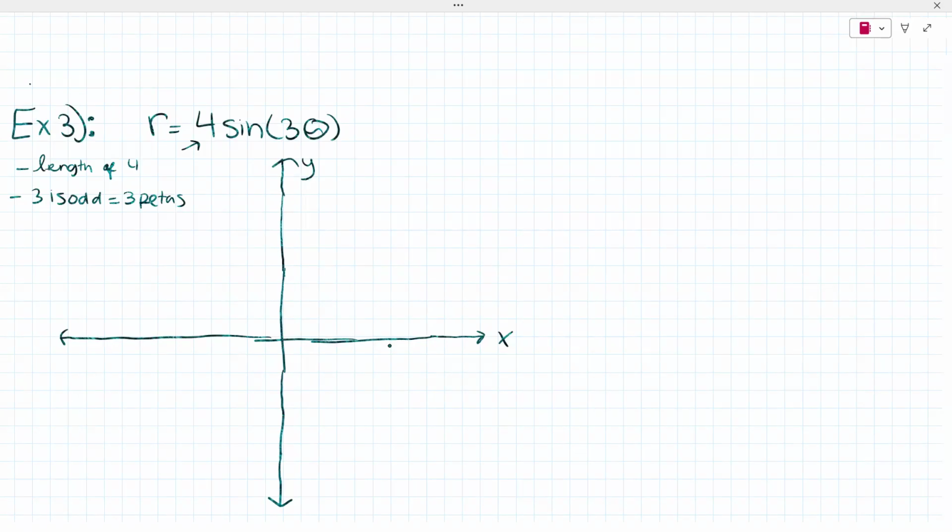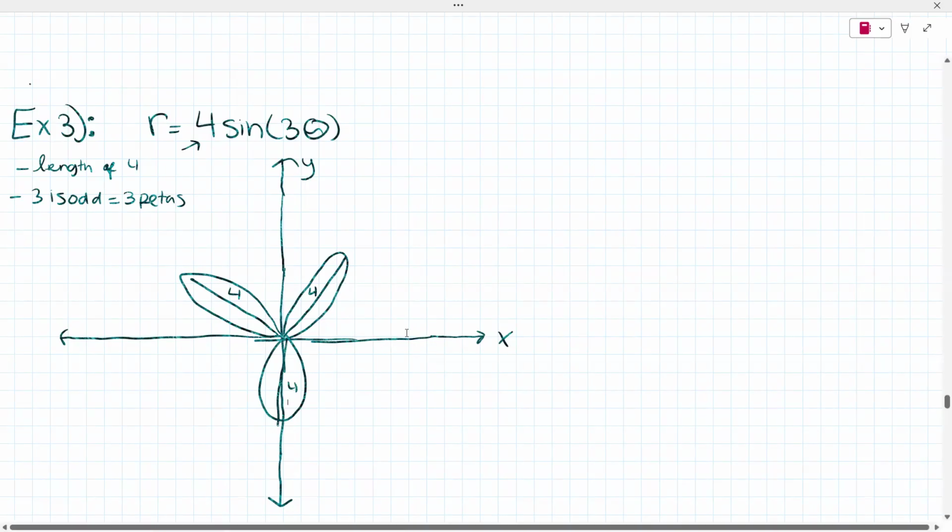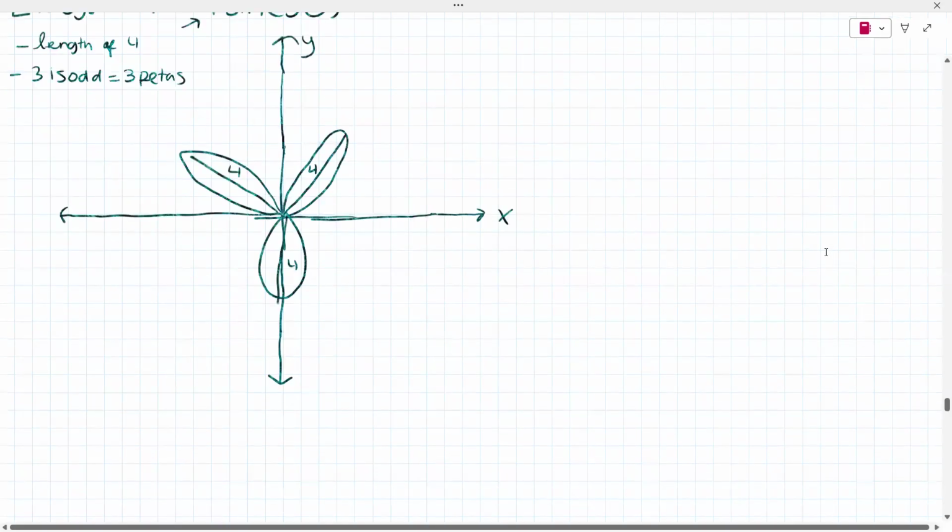So it would look something like this. So each petal is 4. Yeah, this is just a rough sketch. If you want it really nice and neat, you can make a table.